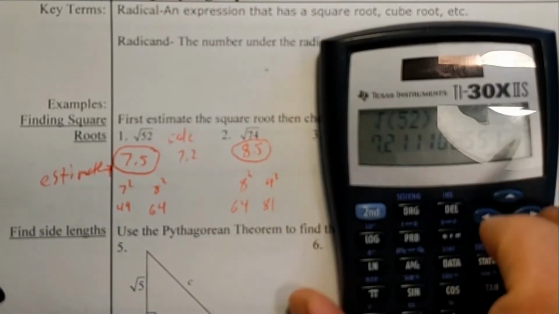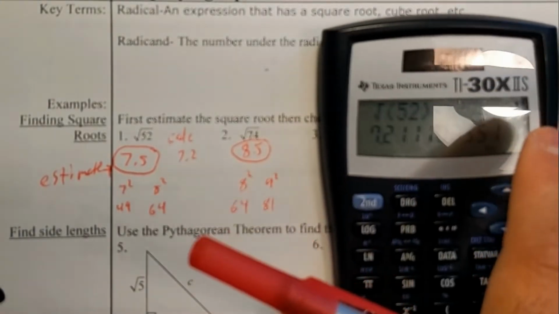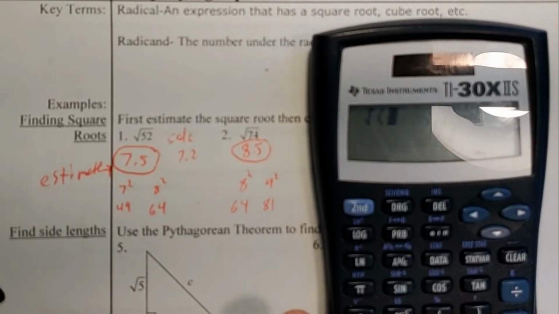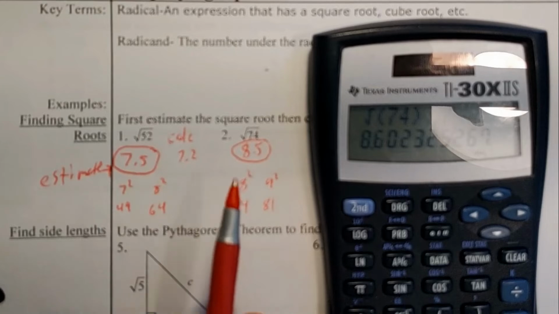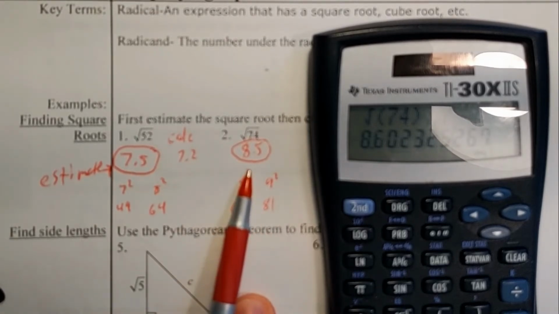And then on the calculator, if I want to check my answer, I use that same button like before, so I go second x squared, and then the 74, and I got 8.6, which is pretty close. So for estimating without a calculator, being able to find what's in between will get you a pretty good estimation.